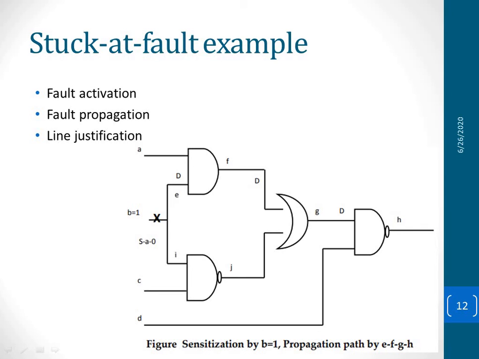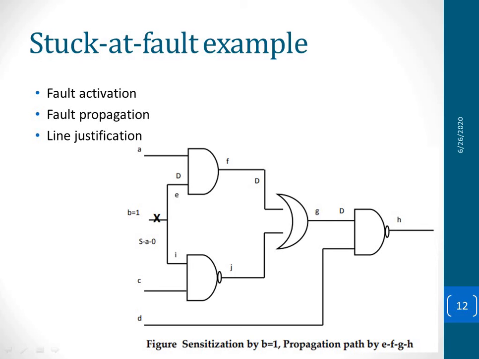If A is coming out, A ORed with J will come out as G, and then it will be NANDed to come out as H. But if F is not coming out to be A into 1, or A, and it is giving 0, then we say that it is stuck at 0. But if F is coming out to be A, then we say that it is not stuck at 0.